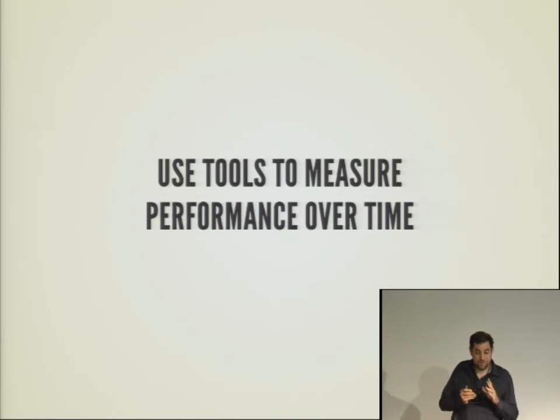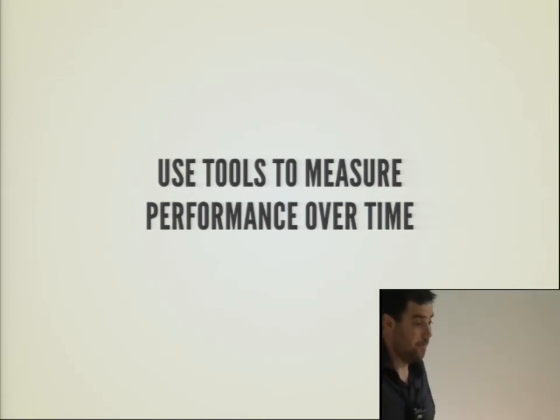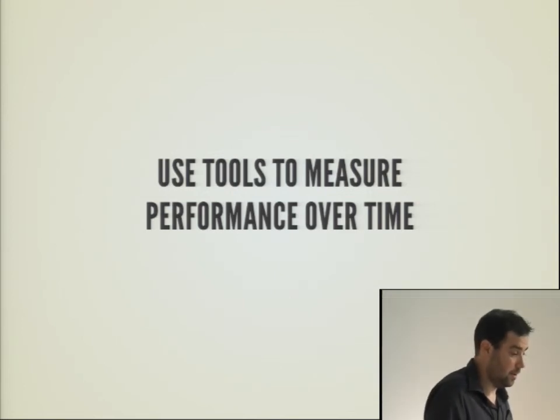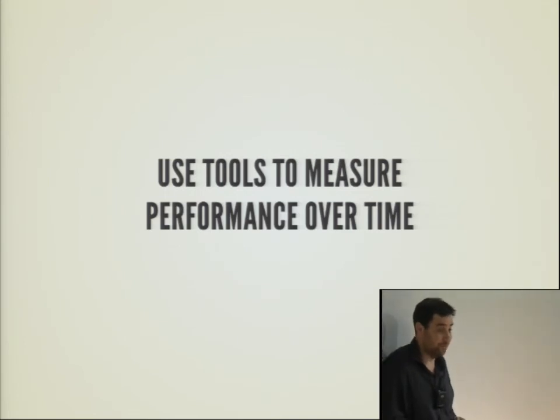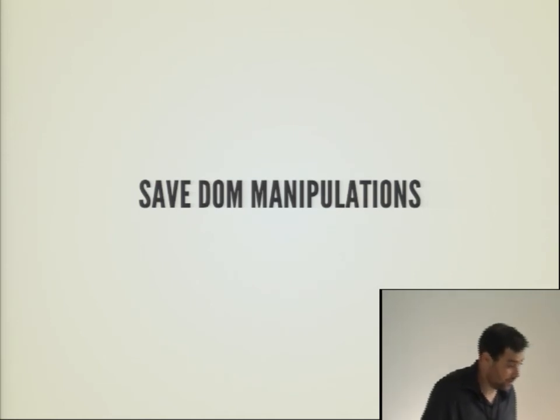Because then you sometimes see that your super performance feature maybe isn't that good, or you see that something else which you thought might not be an issue is in fact an issue. And if it's really slow, try to save DOM manipulations.